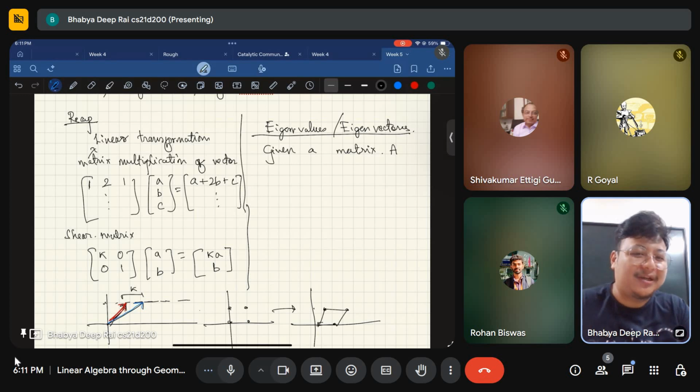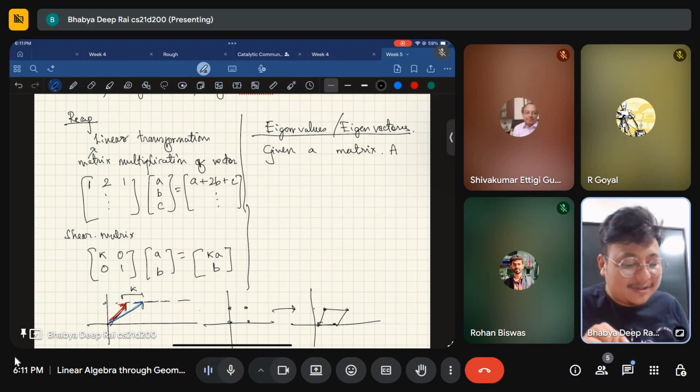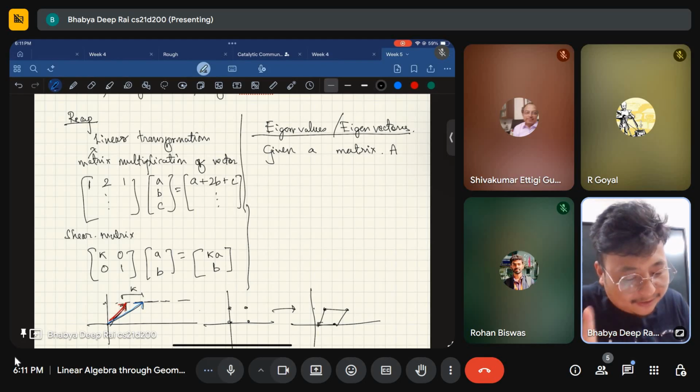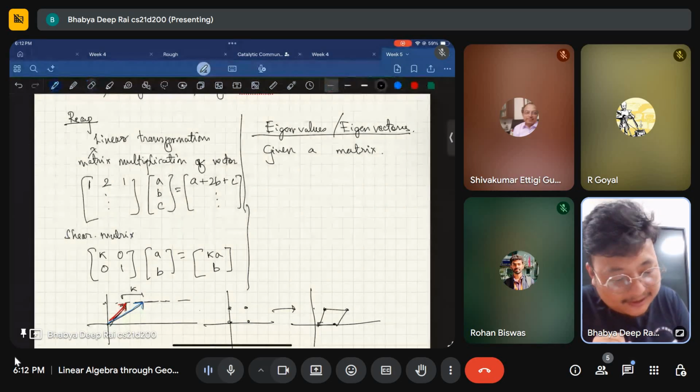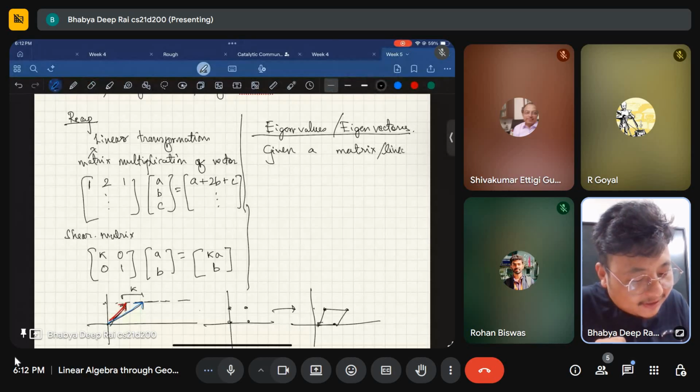Of course, I've said several times before that a matrix is a collection of vectors, but note that a matrix also represents a linear transformation. So matrix A, I can also call a linear transformation A.